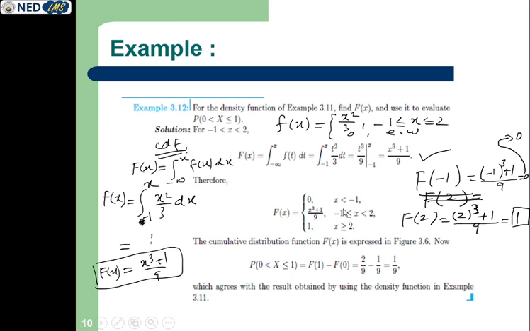If there is no equality, we don't write it, but if you write equality on both sides, it doesn't make any difference. Equality is always there in a continuous random variable. So students, this is the continuous CDF, cumulative distribution function.